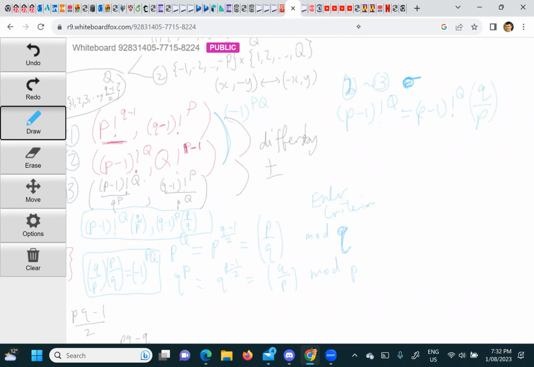But it's not necessarily equal, it could be a minus sign. So that's why we put a sigma here.